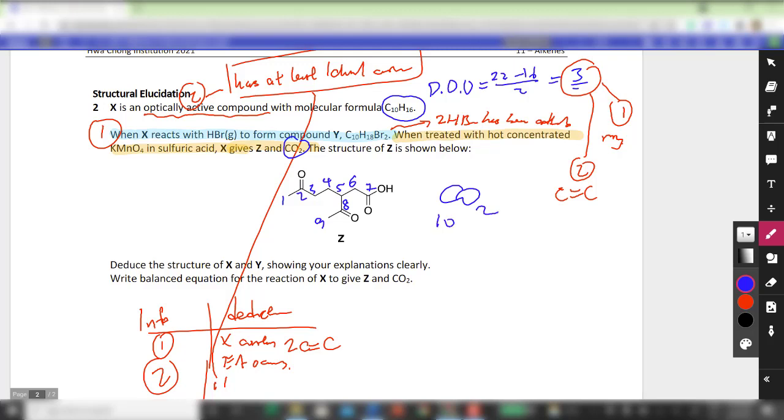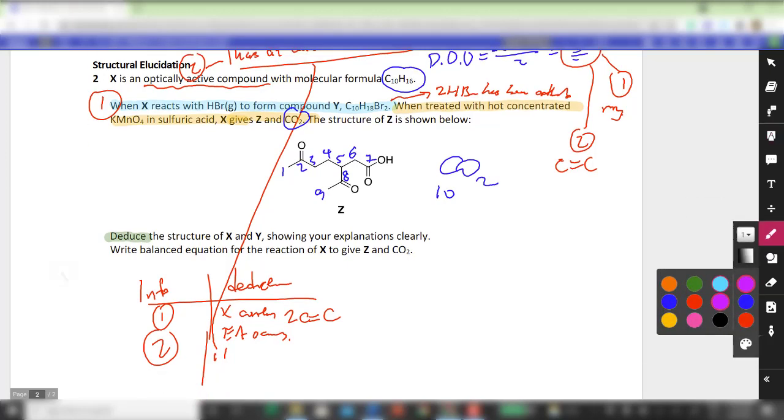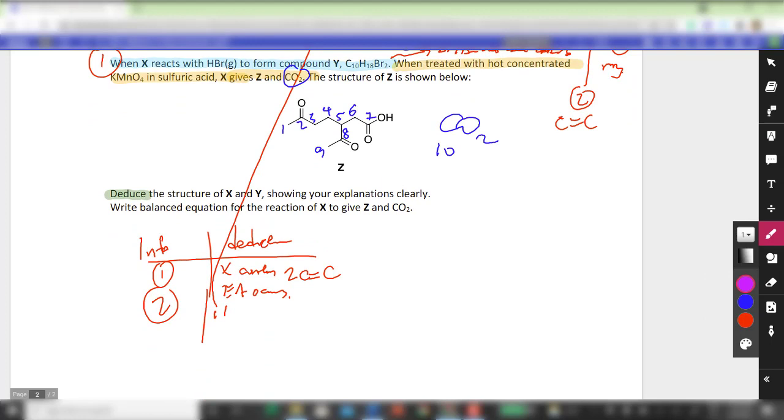And then the structure of Z is given to you. The question asks you to deduce. The command word they use is deduce. If you're supposed to deduce, you need to explain how you arrive at your answers. The explanation in arriving at answers includes the tabulation as well. From the info, what kind of deduction are you going to make?